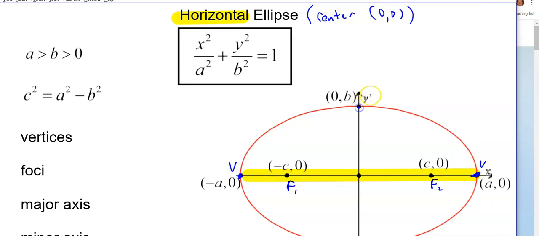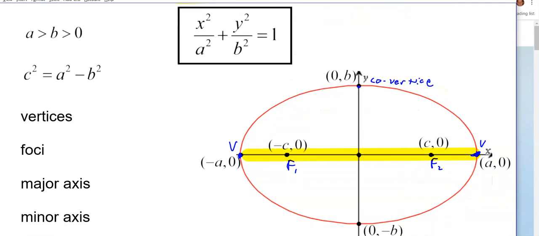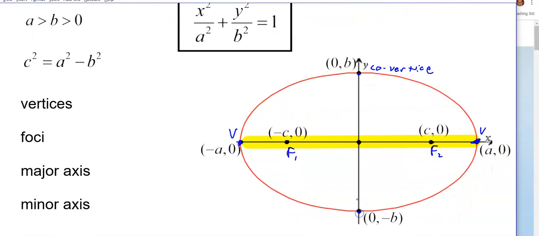And this point right here is called a co-vertex, and the same with this point down here. The distance from here to here, which is a much shorter distance, is the minor axis.